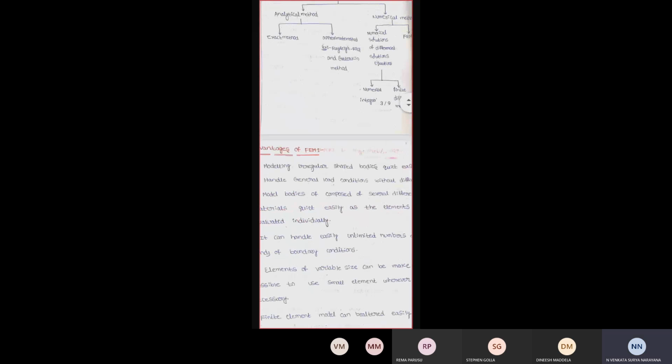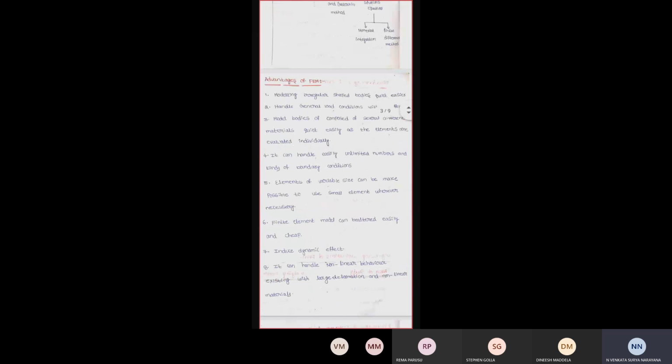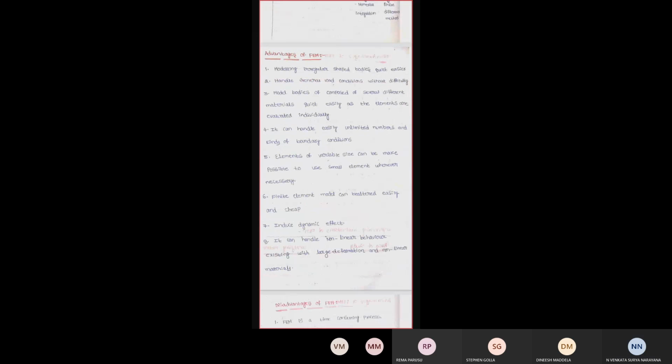Next, coming to advantages and disadvantages, that means merits and demerits of FEM. Coming to advantages: modeling of irregular bodies. Irregular means not of equivalent shape, that means not equal dimensions. Irregularly shaped bodies are very easy to model by using FEM.